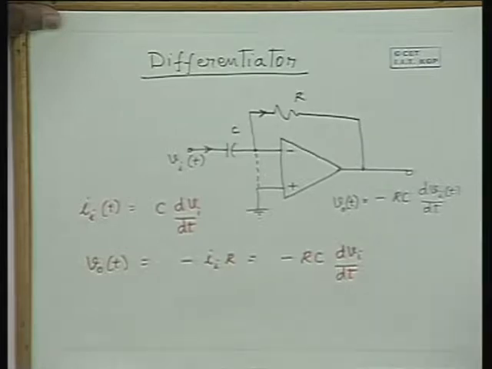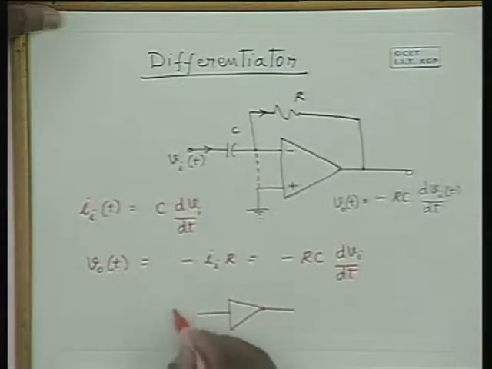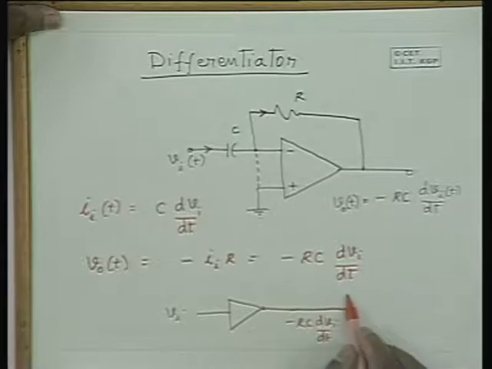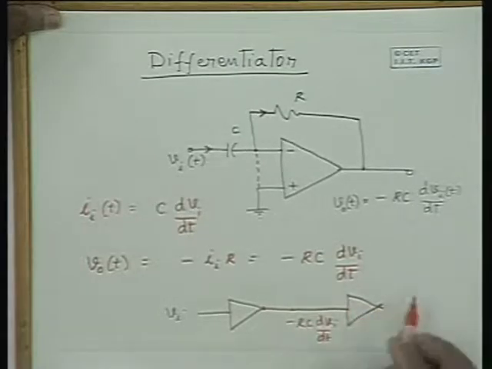So you have this amplifier with Vi here, and here you have minus RC dVi by dt, and use another stage with gain equal to minus 1 by RC, and what you get here is simply dVi by dt.